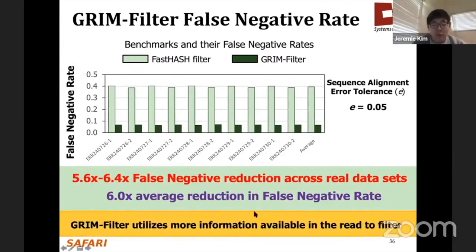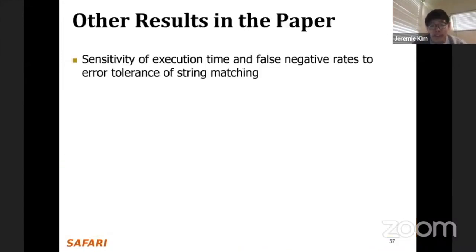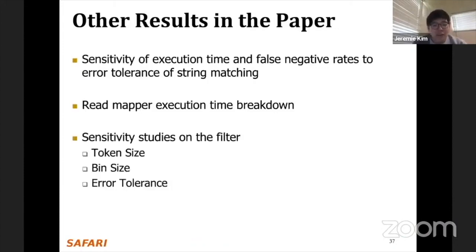Grim-Filter utilizes more information available in the read to filter because we're extracting overlapping tokens, whereas a lot of prior work doesn't use the overlapping information, and so throws out a lot of information that might be there. There are a bunch of other results in the paper, such as sensitivity of execution time and false negative rates to the error tolerance of string matching. We look at the read mapper execution time breakdown, and we look at sensitivity studies on the filter for different parameters like token size, bin size, and error tolerance.